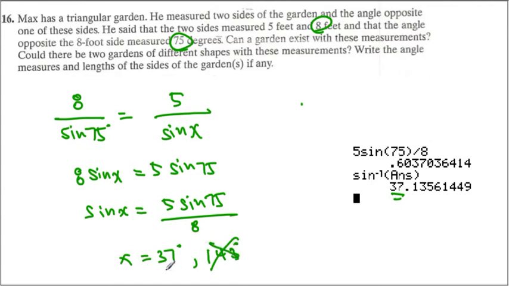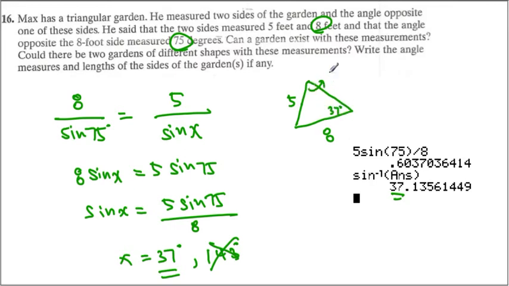Then, second angle will be equal to 135. I mean, 37 and 75. And then, so therefore, the triangle we are looking at will be, so if this one is 8 and then this one is 5, we get to realize that that's equal to 37 degrees.